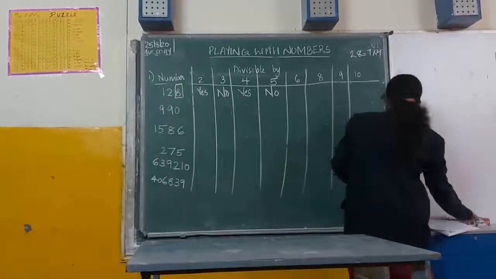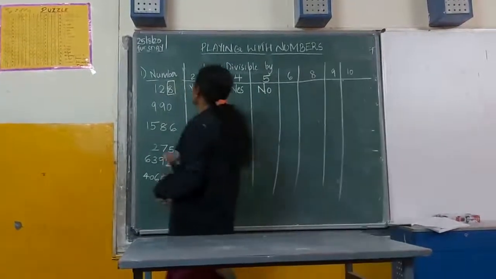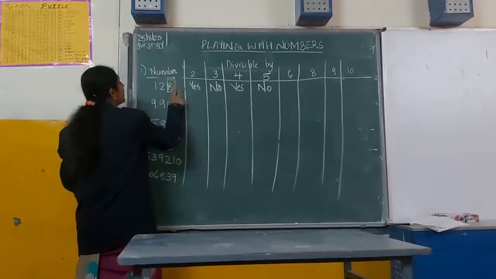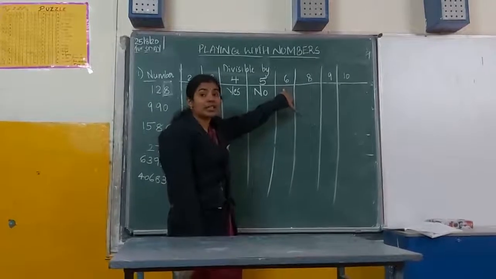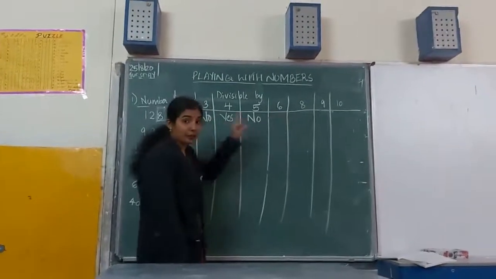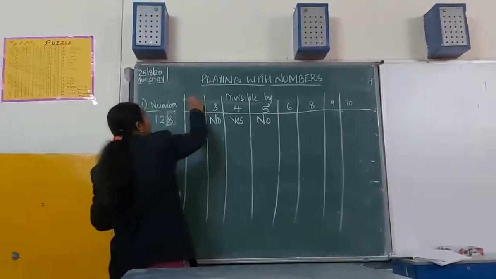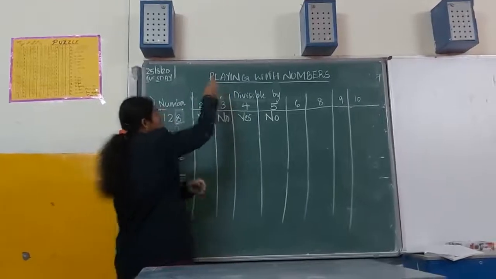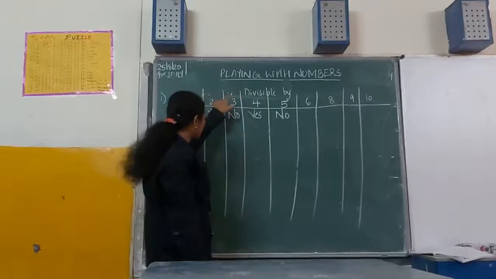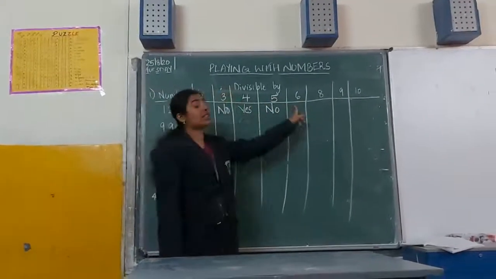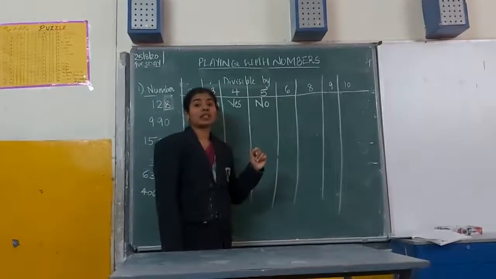Next, we want to check the divisibility by 6. How to check the divisibility by 6? If the number is divisible by 2 and 3, both, then we can say the given number is divisible by 6.